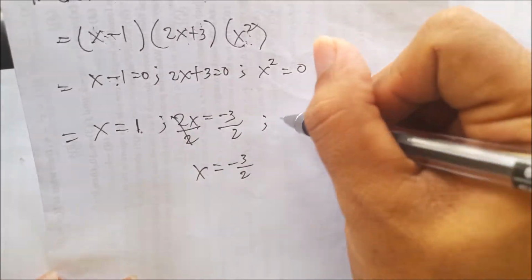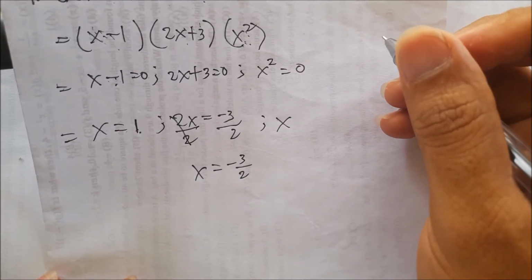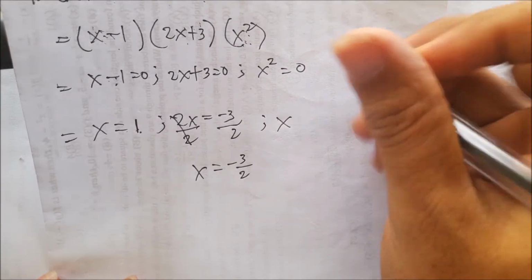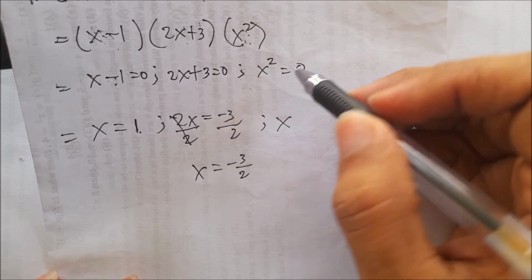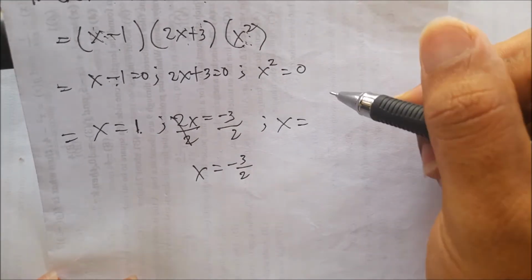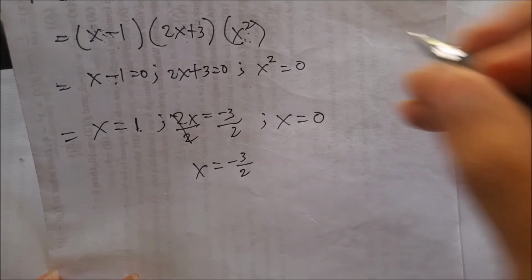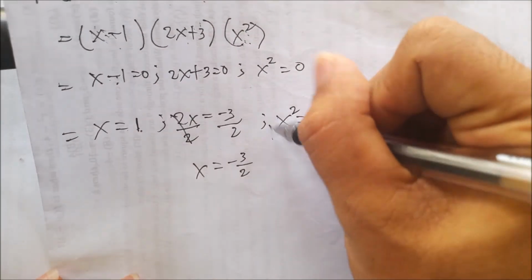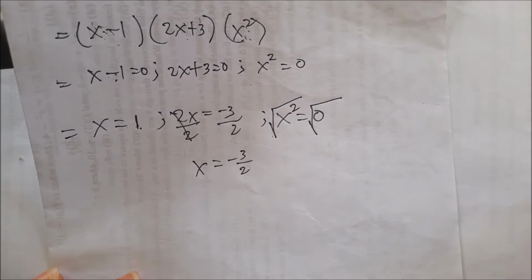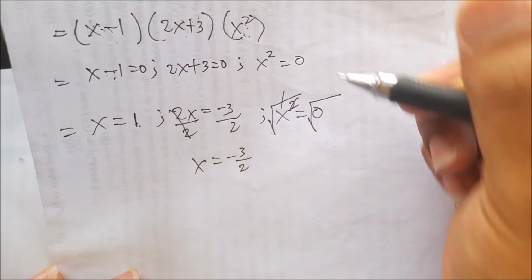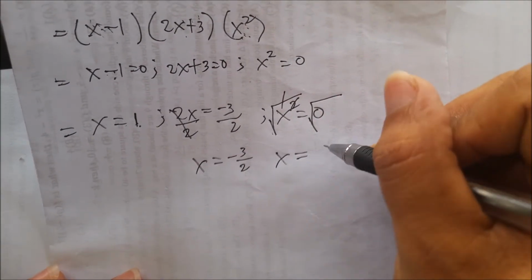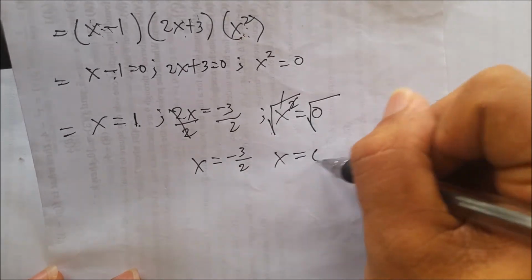How about the next? For x squared, there is no constant, so it equals 0. There is a power, so take the square root; the square root cancels the power. x equals the square root of 0, which is 0.